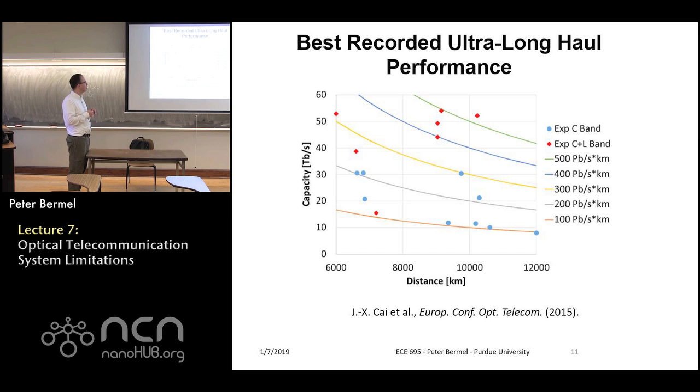And I think they looked at transatlantic, which was on the order of 7,000 kilometers. They also looked at a few trans-Pacific, which were close to 10,000 kilometers, right? So that's the Pacific, that's the Atlantic region, I think.